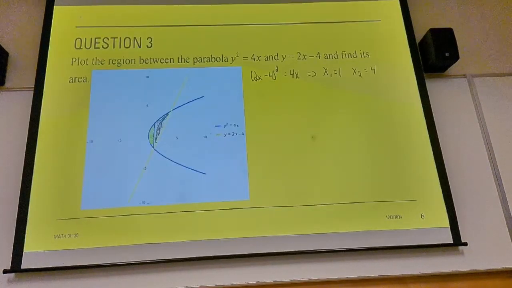So what's that first interval? That's just from 0 to 1. That's 0 to 1.